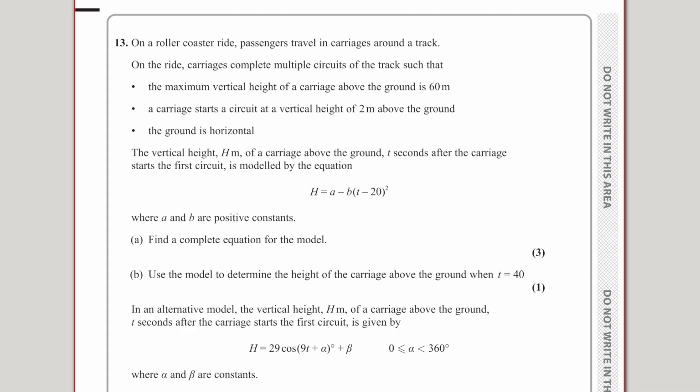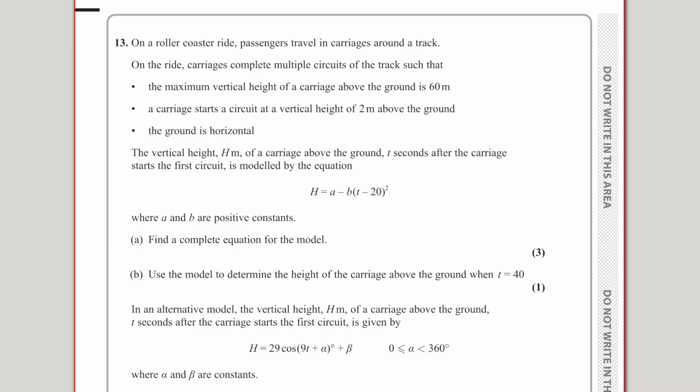Question 13. On a roller coaster ride, passengers travel in carriages around the track. On the ride, carriages complete multiple circuits of the track, such that the maximum vertical height of the carriage above the ground is 60 meters. A carriage starts a circuit at a vertical height of 2 meters above the ground.